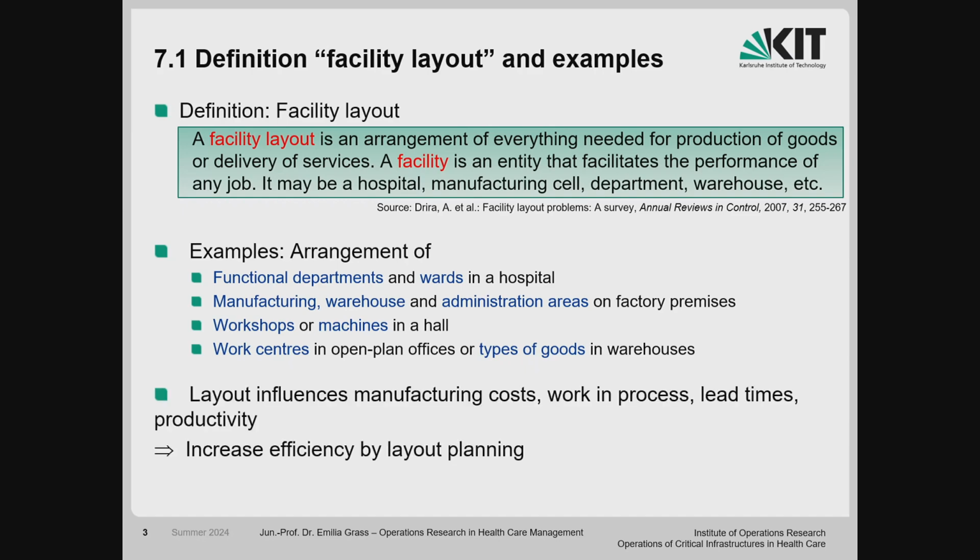Okay, so different types, and it influences directly costs, work in process, lead times, but also productivity. A bad layout leads to a lot of costs, bad efficiency, waiting times, and so on. Therefore, we would like to increase the efficiency by planning a good layout.